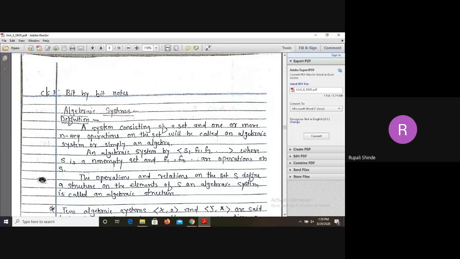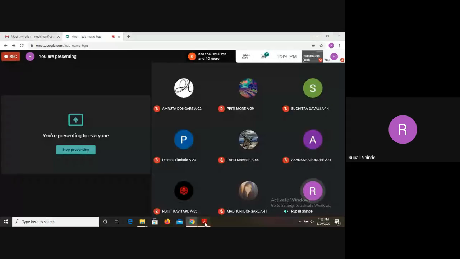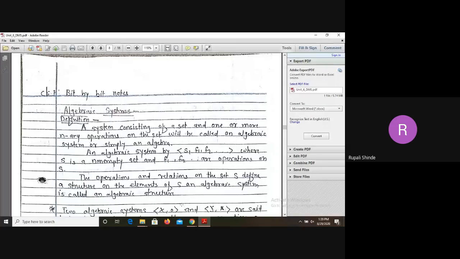First we will see the definition of algebraic system. A system consisting of a set and one or more n-ary operations on the set is called an algebraic system, or simply an algebra. What is the meaning of this? The system consists of a set and one or more n-ary operations on the set. N can be 1, 2, 3, 4 and so on.